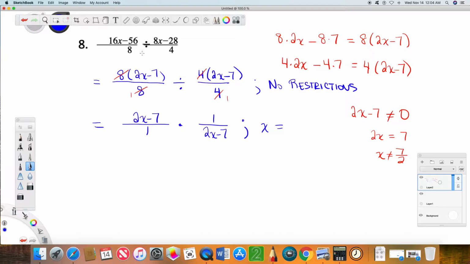Initially, there weren't any restrictions, but when we flipped that divisor, that introduced a variable to the denominator that wasn't there at the beginning of the problem. Now I can multiply these two fractions together by multiplying their numerators together and multiplying their denominators together.